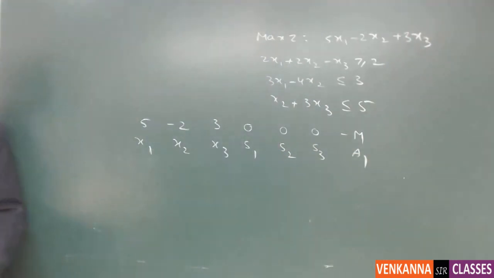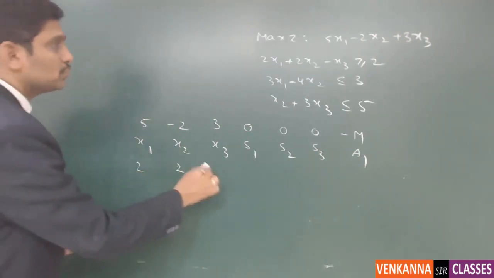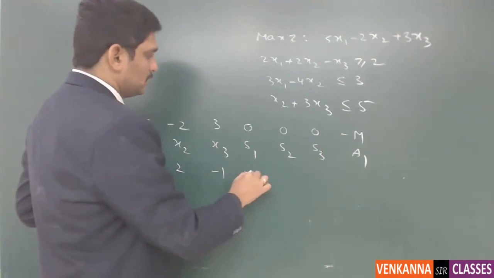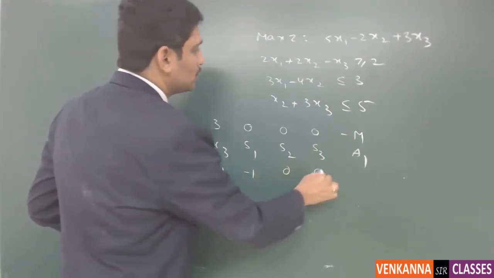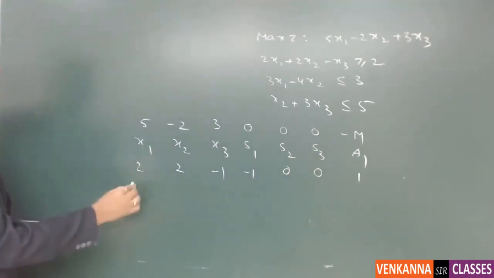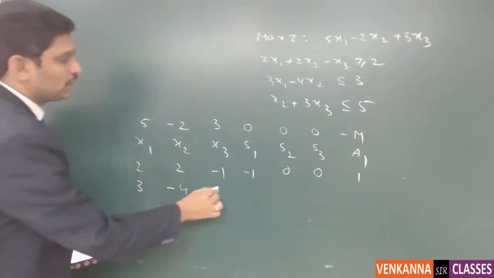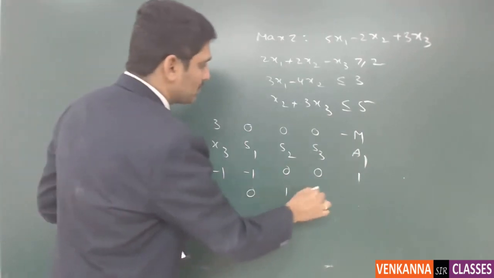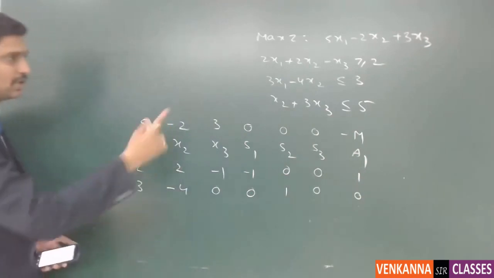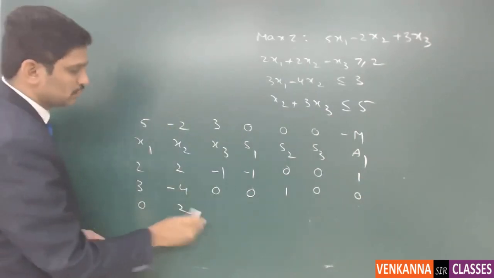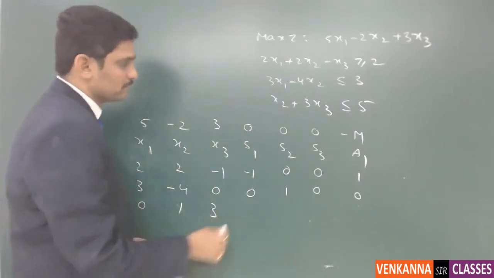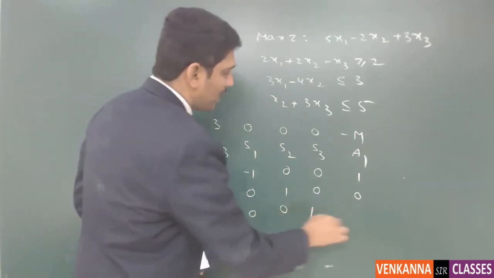Because we have a greater than or equal to inequality, we need to introduce an artificial variable in the first row. So the rows come as 2, 2, minus 1, minus 1, 0, 0, 1. Then you have 3, minus 4, 0, 0, 1, 0, 0. And you have 0, 1, 3, 0, 0, 1, 0.